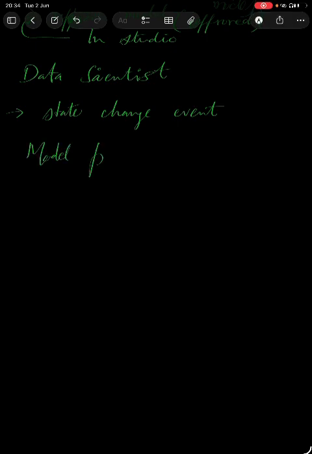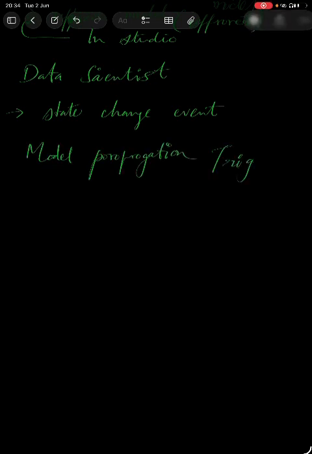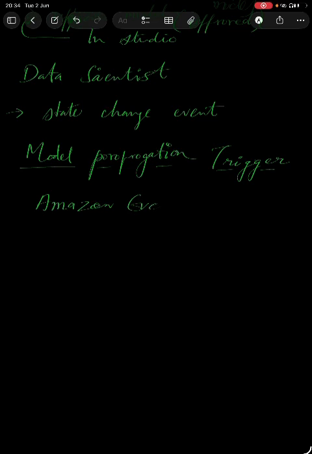Model propagation trigger because there is a state change. And this particular propagation trigger would be taken care by Amazon EventBridge. Why we have EventBridge is to schedule the rule.